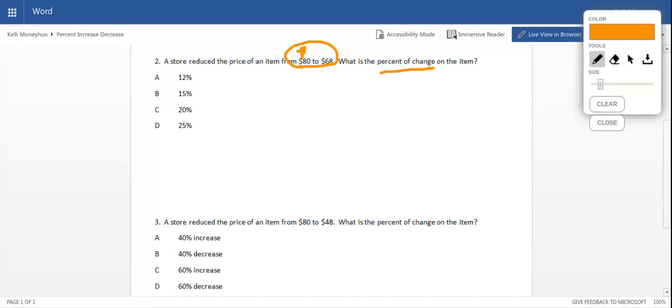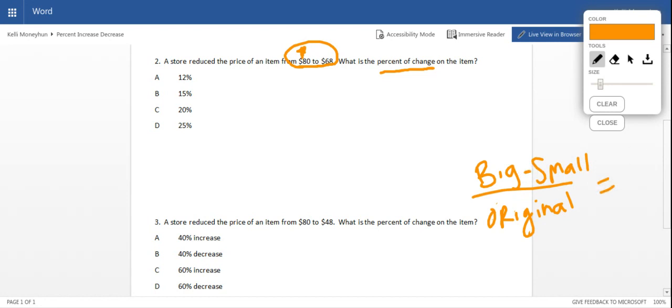So remember, it's always original on the bottom, and then big minus small, or change, whatever helps you remember, equals percent over 100.